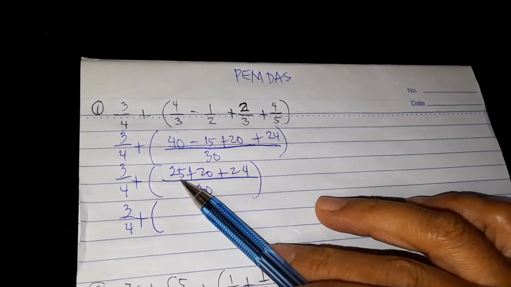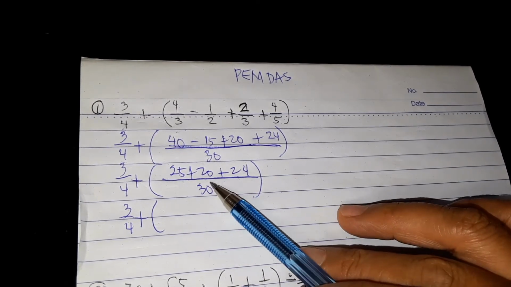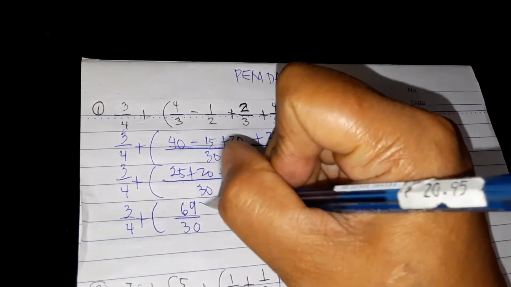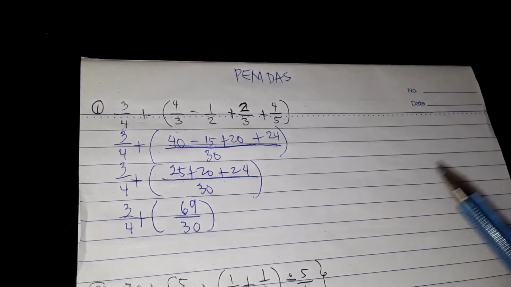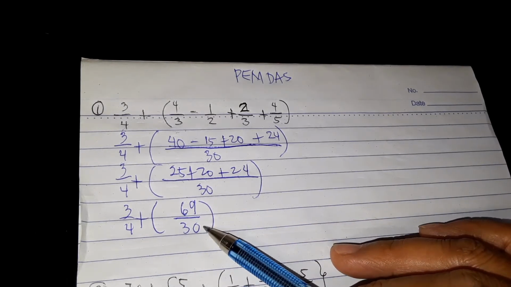Then after that, again 3/4 plus 25 plus 20 plus 24, we have 69 all over 30. Next, we need to add 3/4 and 69 over 30.